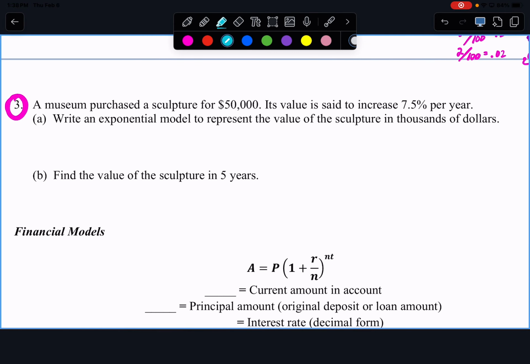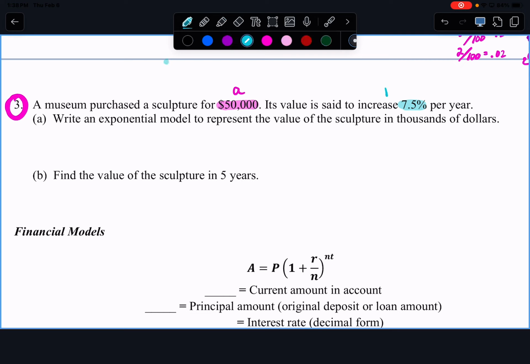All right, so for this question, what is our A in this question? 50,000. That is our A. Okay, what was our rate? 0.075. Yep.